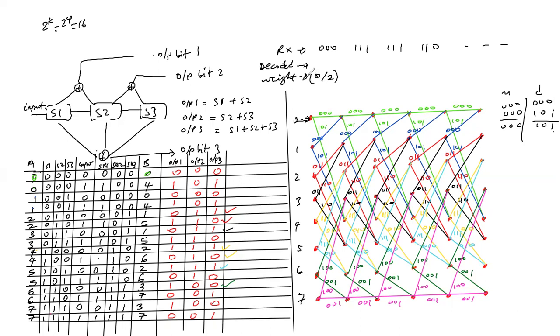So the Hamming distance is the weight of the modulo 2 addition, right? So this is more like using the Hamming distance, which is the weight of the modulo 2 addition between these two paths and comparing with the code that was received.